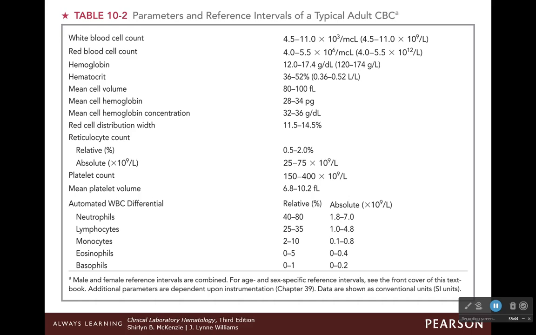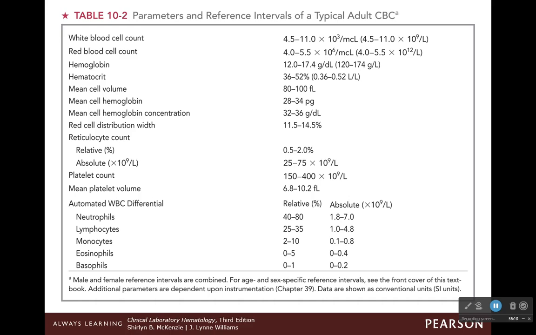Hematocrit 36 to 52%. It is percent because that's the percent of the population of the cells in the blood volume. 80 to 100, the mean cell volume, which is MCV, is in femtoliters. That's what that stands for, 80 to 100.